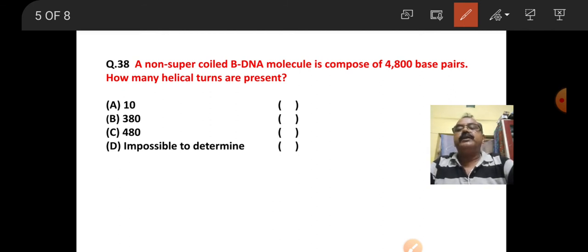The non-supercoiled B DNA contains 10 base pairs per turn of DNA helix.